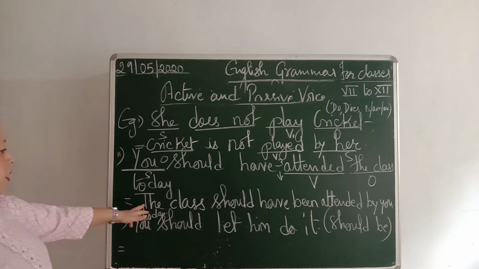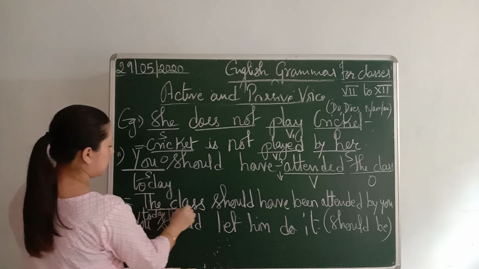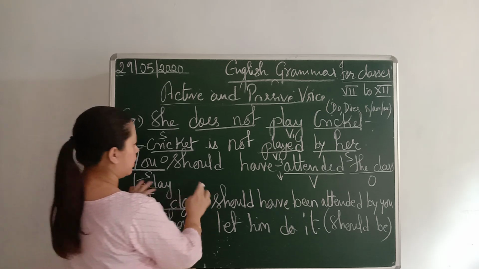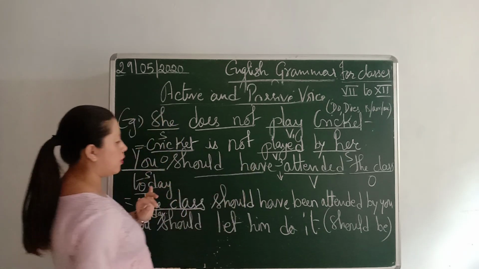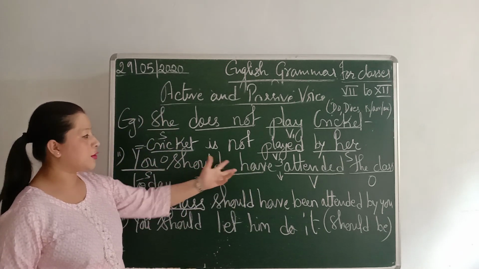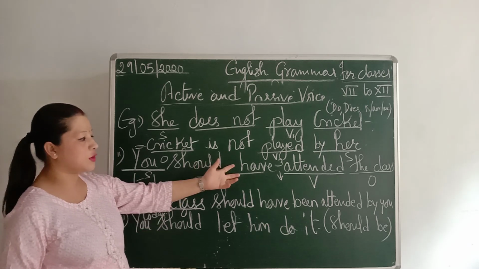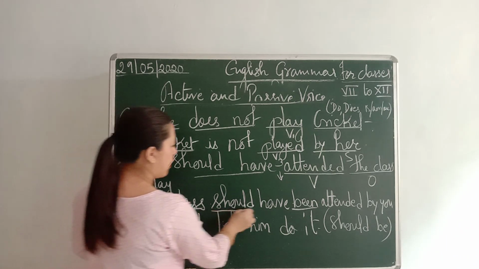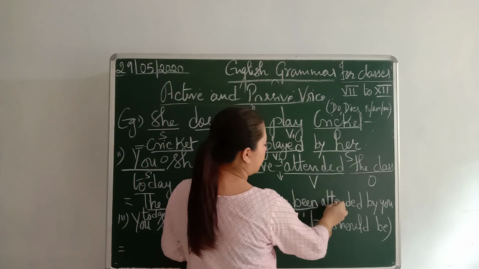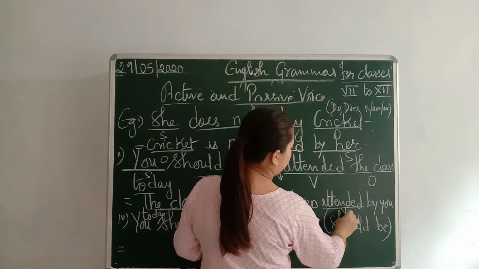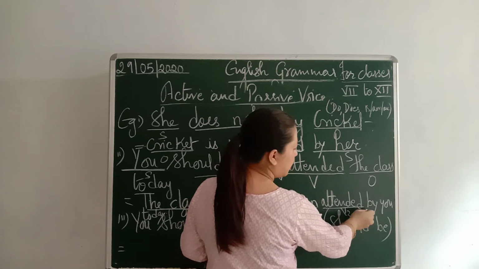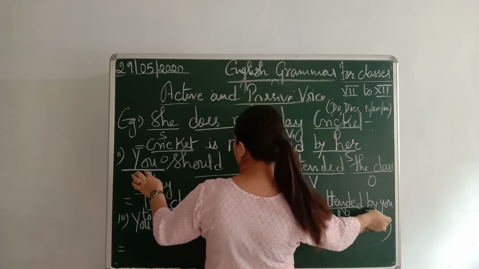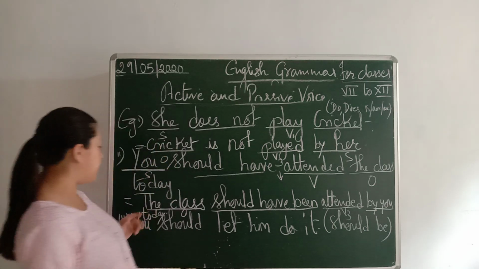Okay. See, the class, you brought this object in the first. Here should have is there. So just next to should have you have to add the third form of be, that is been. Should have been attended, the verb as it is here in the third place. By, the preposition word, is there, and you, that is the subject. Today remains as it is.